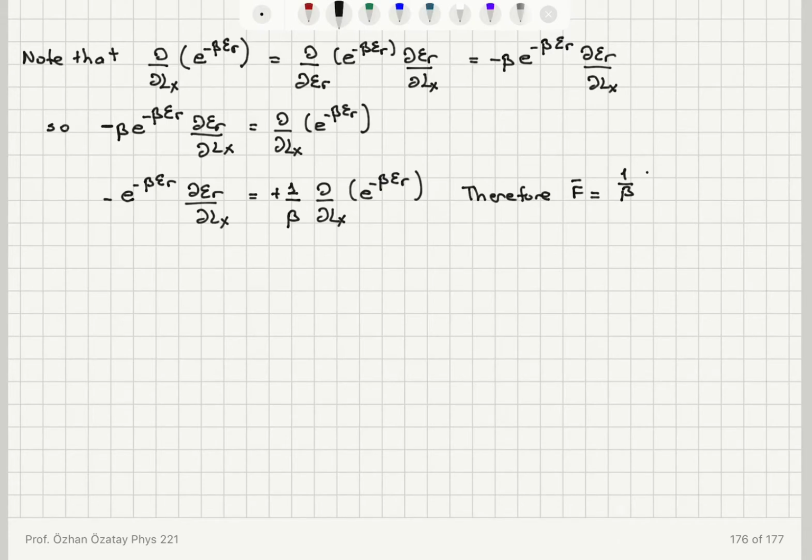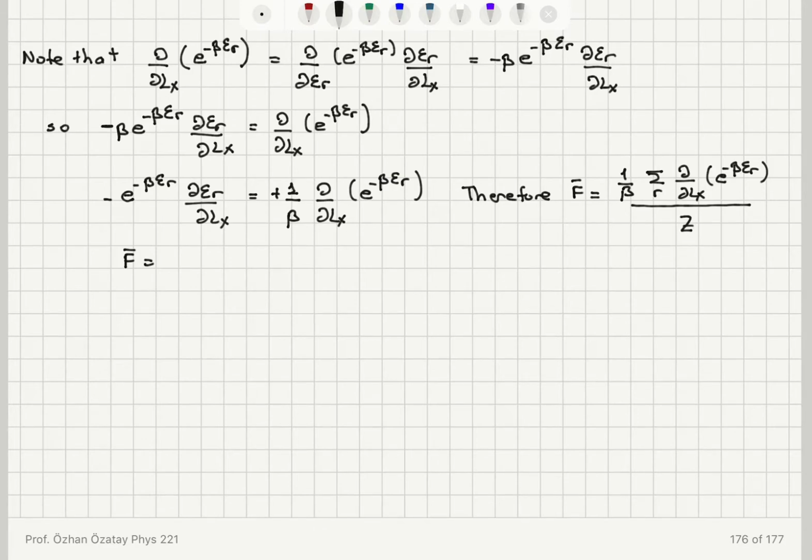Derivative, sum over r, of the Boltzmann factor with respect to Lx divided by the partition function Z, because I can take the derivative outside of the summation.